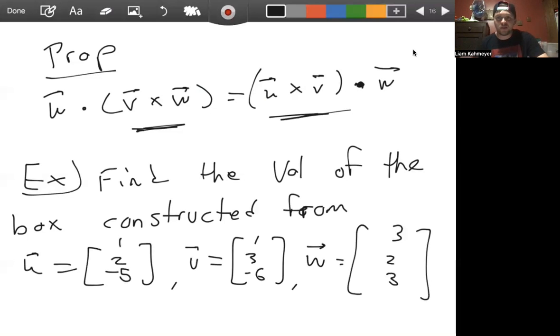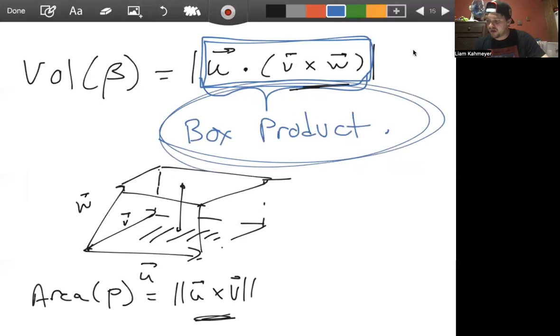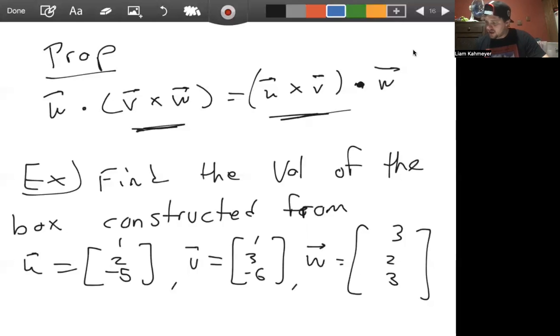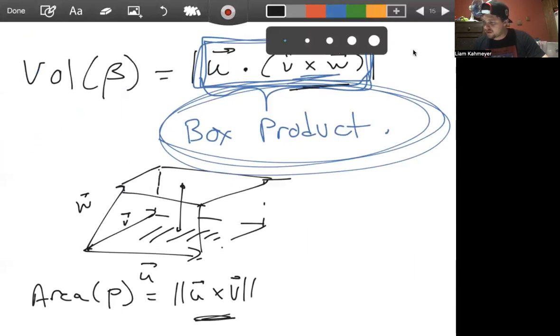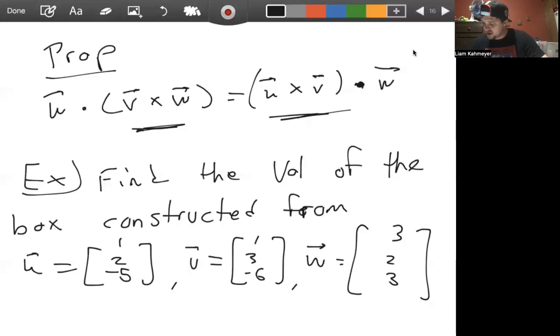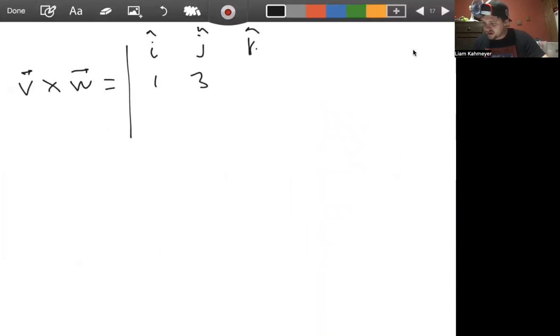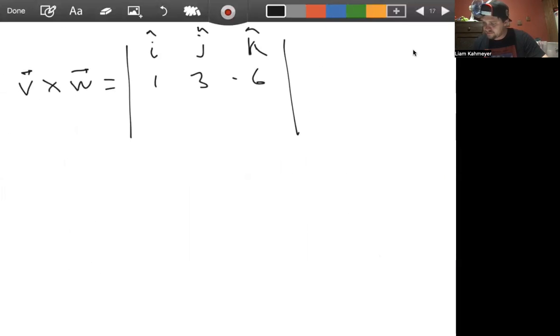If we want to find the volume of this parallelepiped, what we need to do is compute the absolute value of the box product here. So let's do that. Let's stick to the original definition here. First, let's compute v cross w. So v cross w is going to be the determinant of the 3 by 3 matrix with rows i, j, k; 1, 3, -6; and 3, 2, 3.